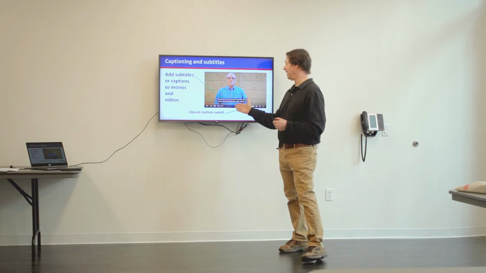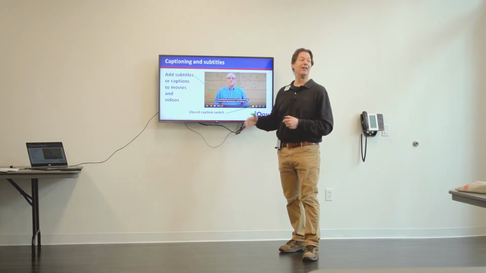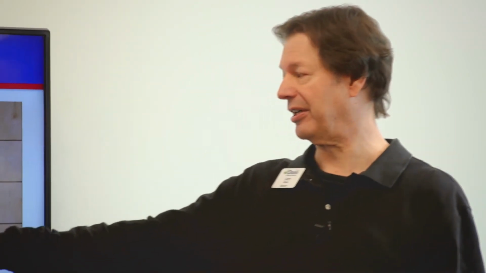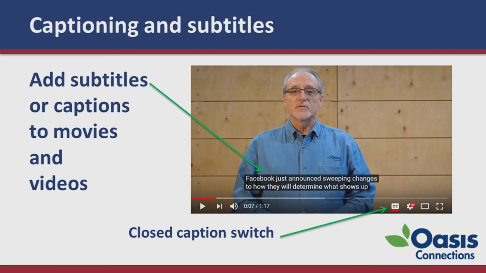So I find that I watch TV on my phone or on my iPad. But again, my ears get in the way, so I turn on closed captioning. And again, it makes life so much easier. I don't have to focus so much and have everything absolutely quiet around me. I can watch.